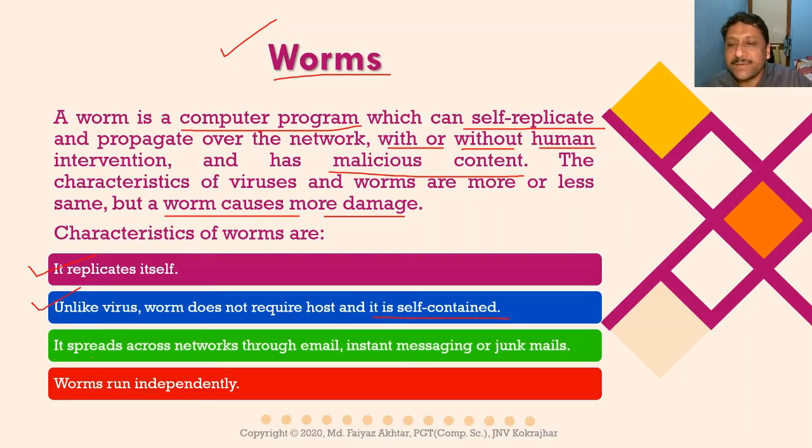It spreads across the network through email, instant messaging, or junk mails, and from email attachments. Worms are independent. Independent means it does not require a host. It copies itself and occupies the memory space of the computer, even the primary memory and the secondary memory, and it gives you less memory for working purposes.